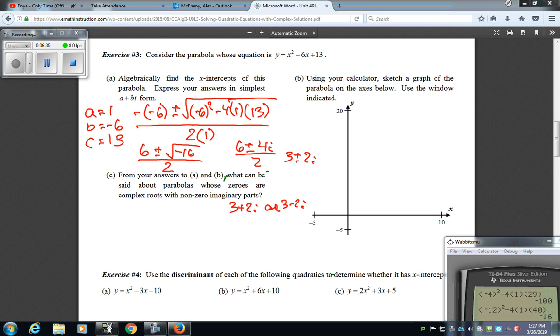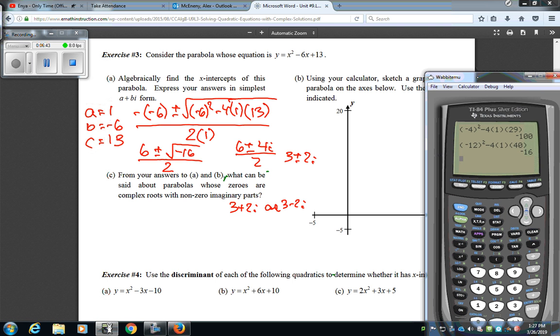So they want us to do a sketch of the parabola on the axis, and they want us to use the window that was indicated. So first I'm going to type in x squared minus 6x plus 13. Now they want me to switch the window around, so I can press the window button.